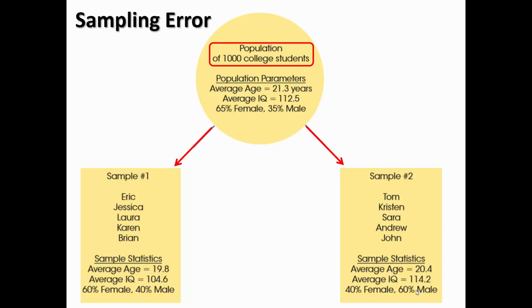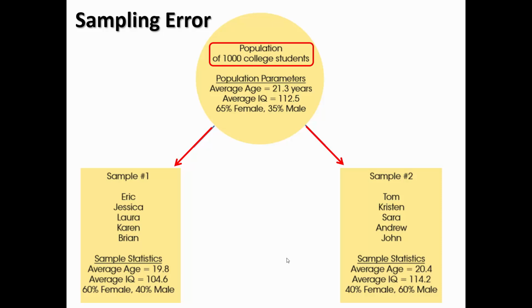So in terms of sampling error, what we see is that depending upon the sample that we randomly selected in this hypothetical, our sample statistics will not match exactly the population parameters for either of these samples.